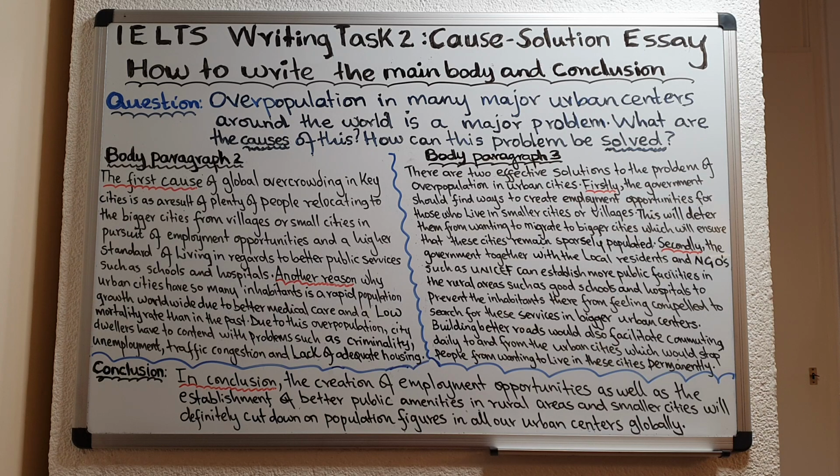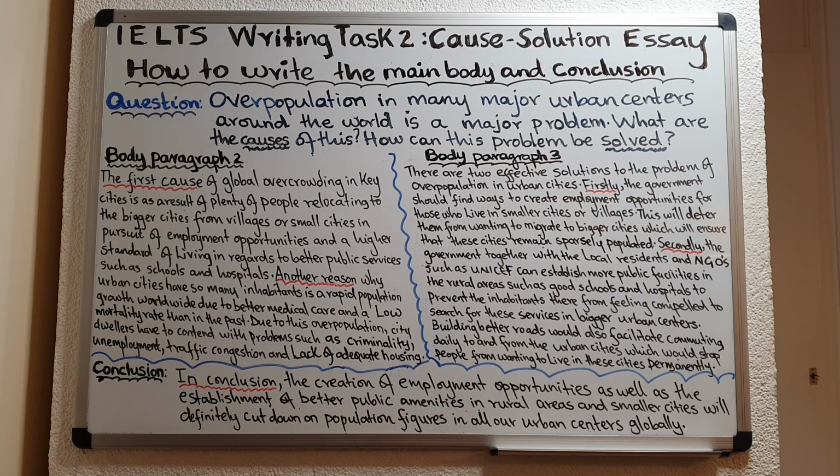Because if the people who live in smaller cities or villages have jobs, then they will not want to move to the bigger cities to look for jobs. So that's why I have written, this will deter them. To deter is to stop, okay? Instead of saying "this will stop them from wanting to migrate to bigger cities," I have written this will deter.